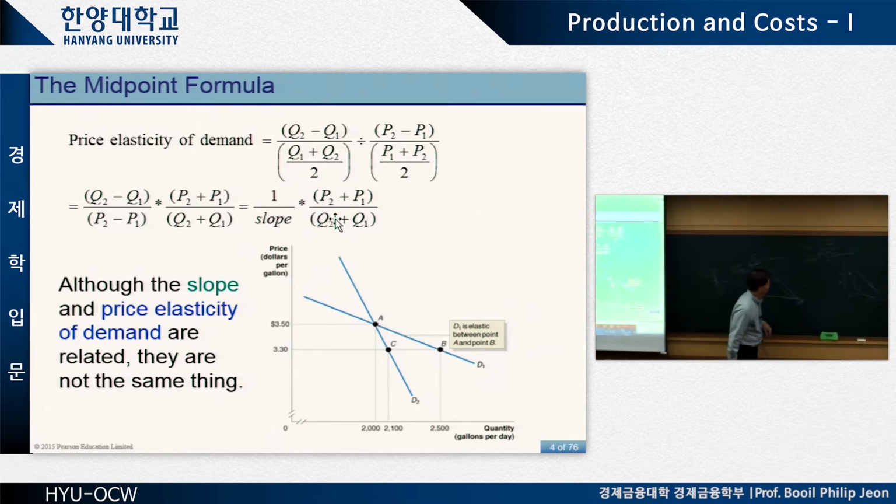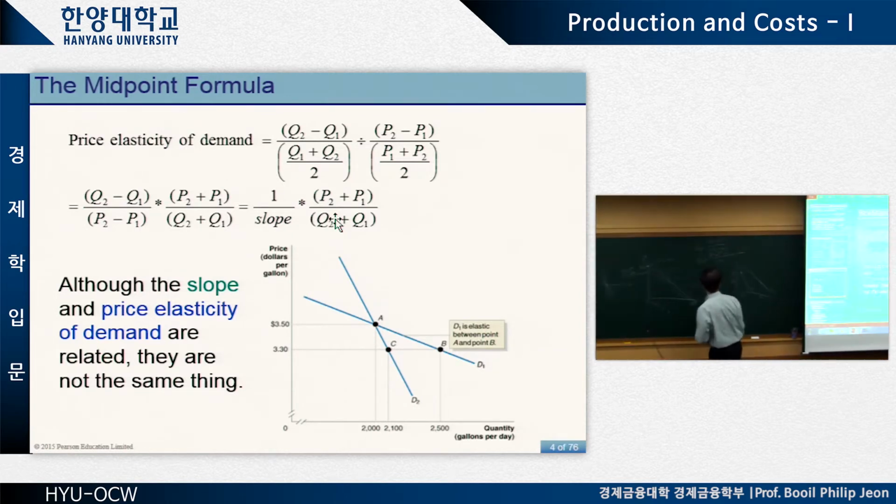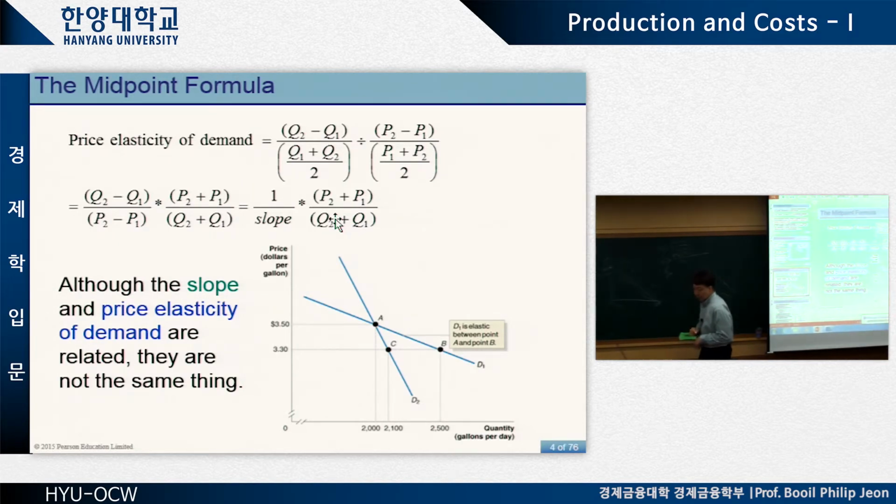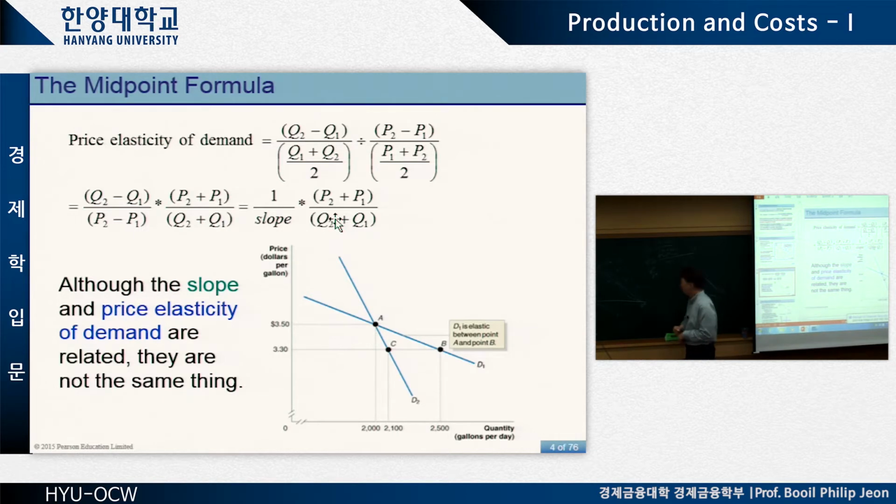So then we arrive at this formula. That is Q star over P star times almost 2 times P star, 2 times P star minus 0.01, over almost 0.